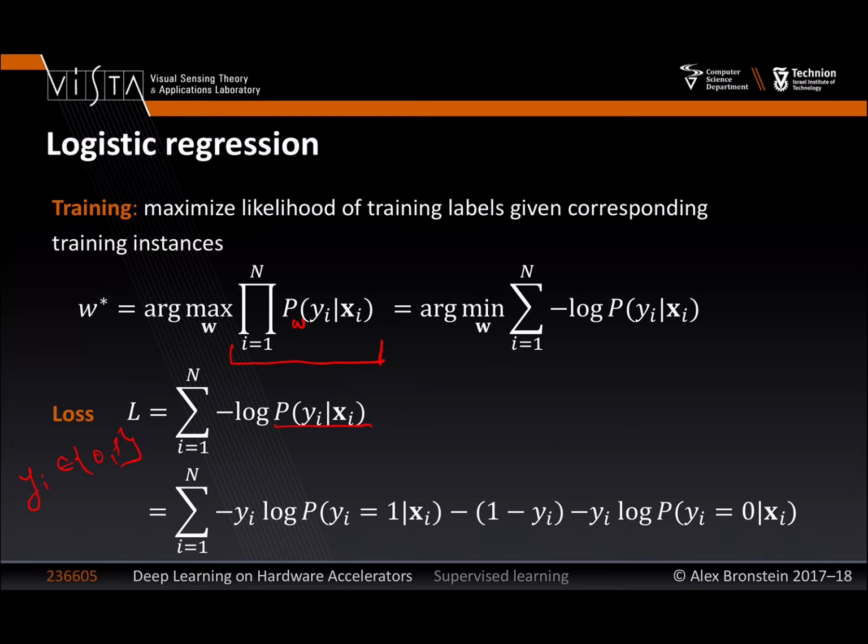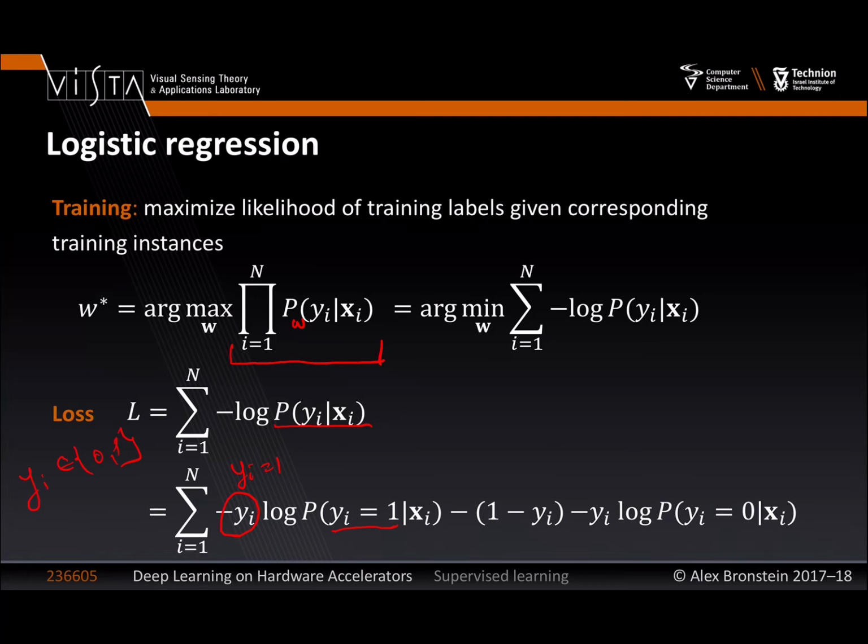For all the instances in which y_i equals 1, the first term will be alive, and I have this conditional distribution. If y_i equals 0, it will vanish.